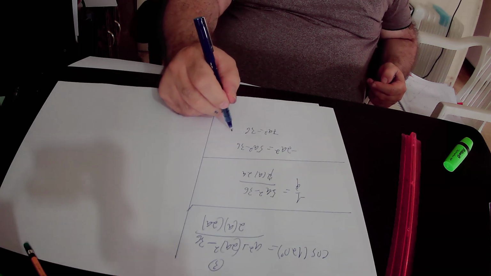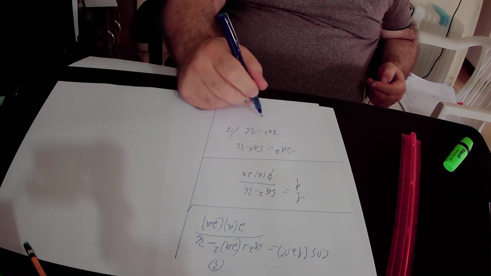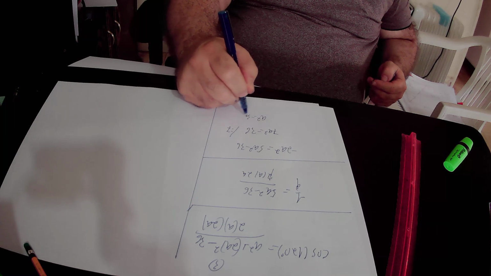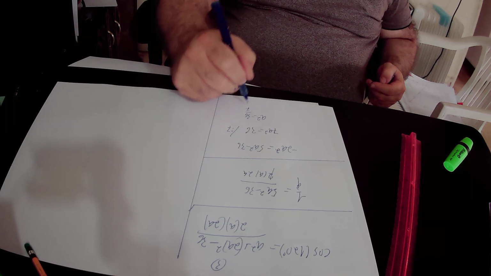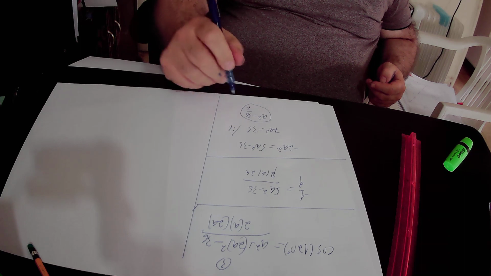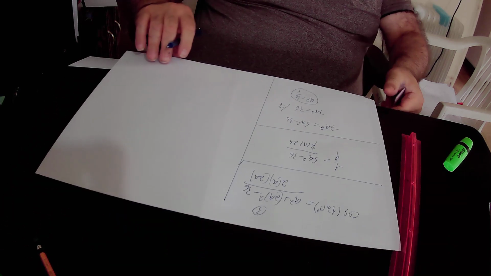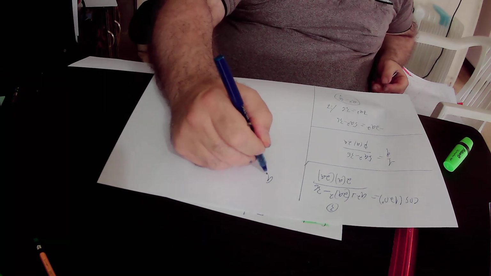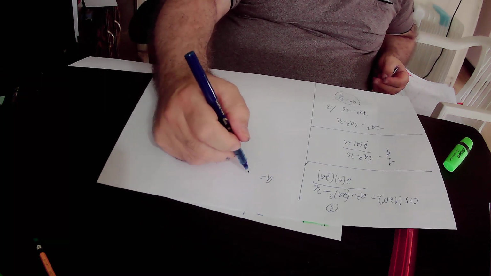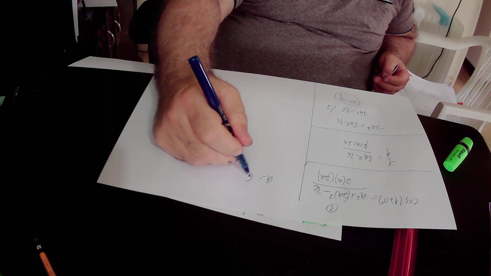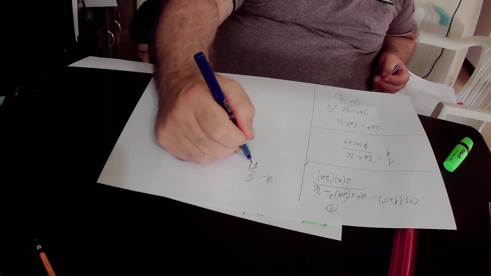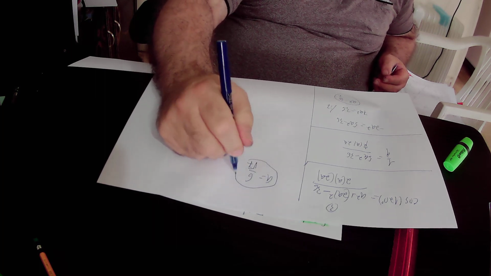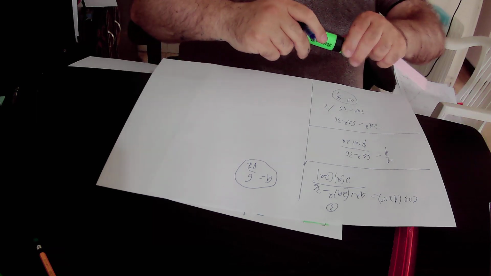We divide this equation by 7 and we get that A squared equals 36 over 7. Here we take a root out of this equation and we get that A equals the square root of 36, which is 6, over the square root of 7. So A equals 6 over the square root of 7.